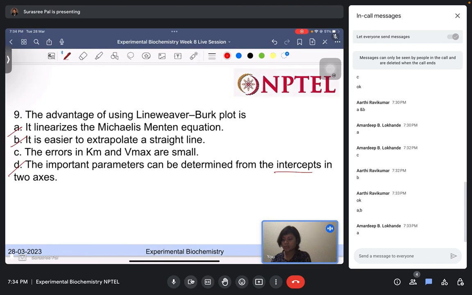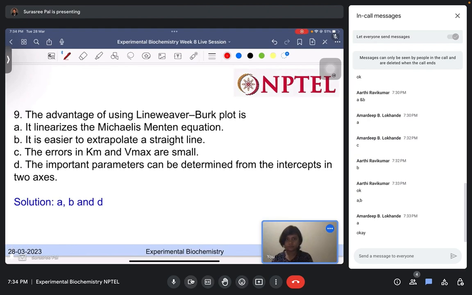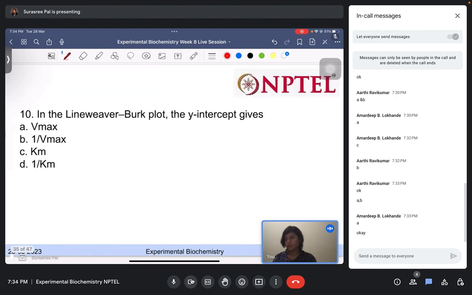From the x-axis intercept we can determine the value of -1 by Km, and from the y-axis intercept we can determine the value of 1 by Vmax, right? So the correct answers here are A, B and D, all three of them. Okay, next question.